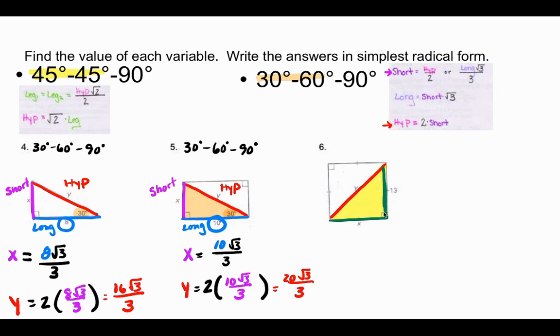According to this rule, the first leg will equal the second leg, and our hypotenuse is equal to the leg measurement times the square root of 2. And since we're asked to leave these in simplest radical form, that's our answer.